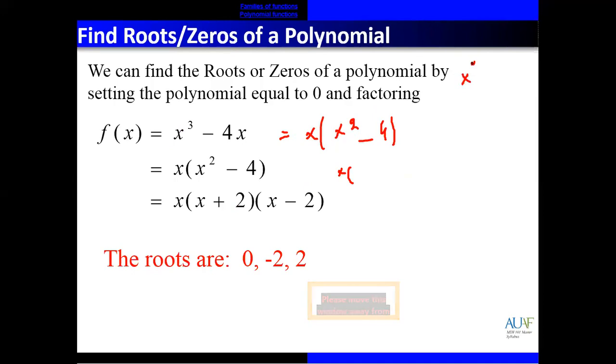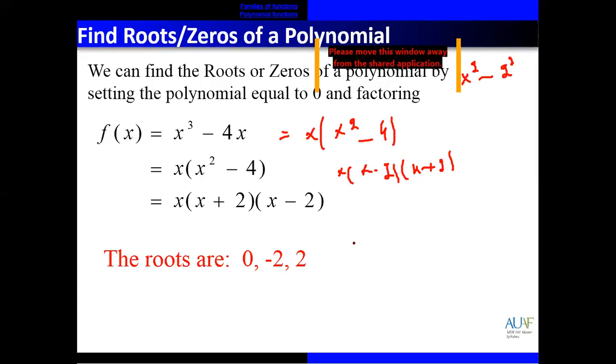We can write x square minus 2 square. So you can write x minus 2 and x plus 2. So x, x minus 2, x plus 2, these are called factors. What are zeros?